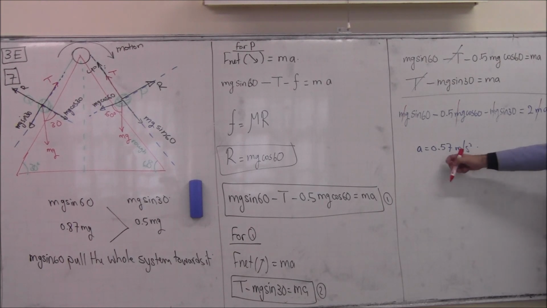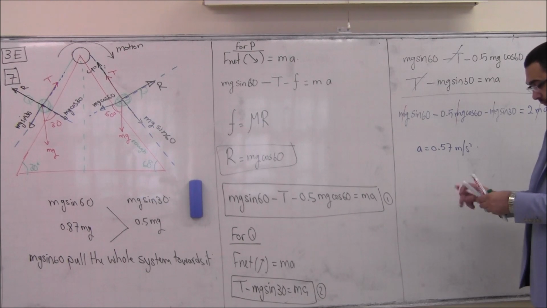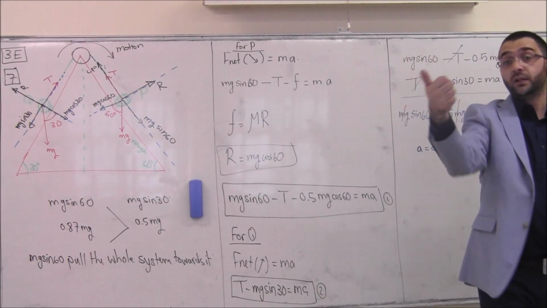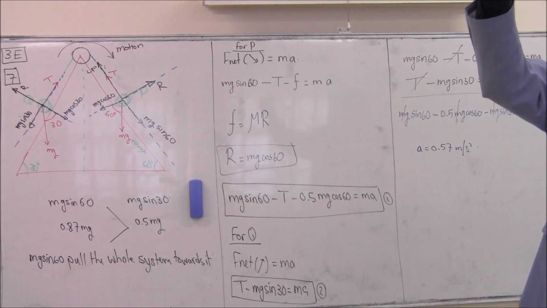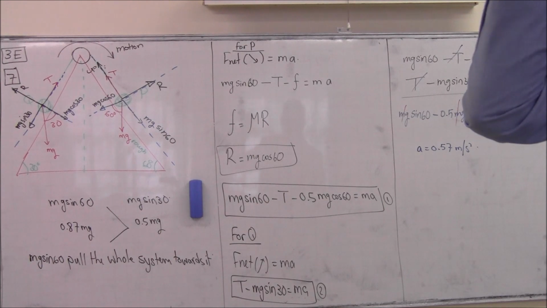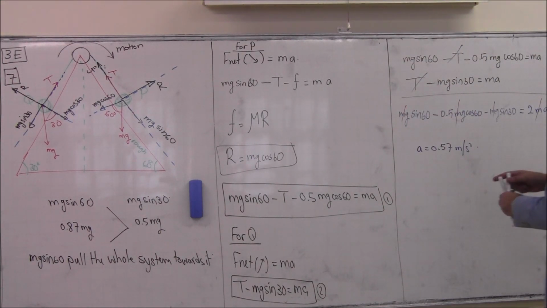Then substitute this value into any of these equations. I think this one is much easier. Listen, guys. Here we will find T in terms of m because m is not given. M and g, yes, you can.